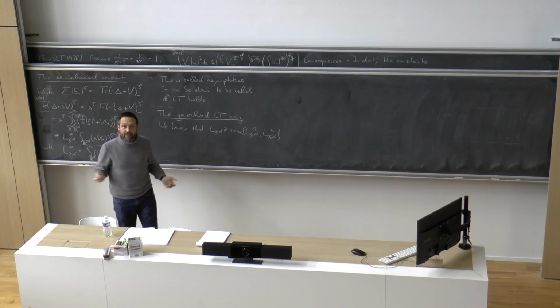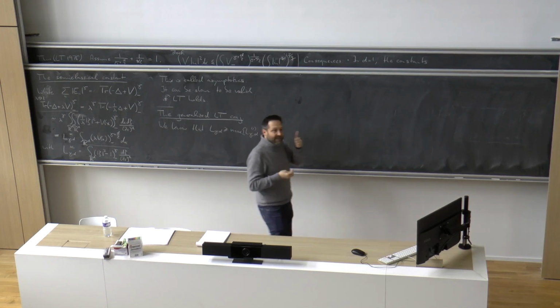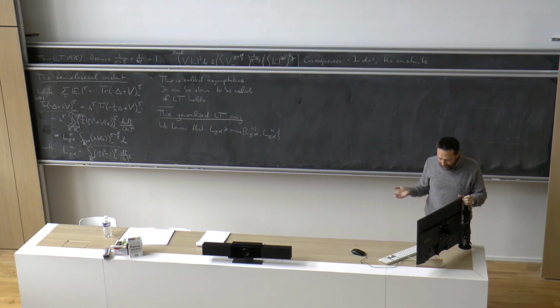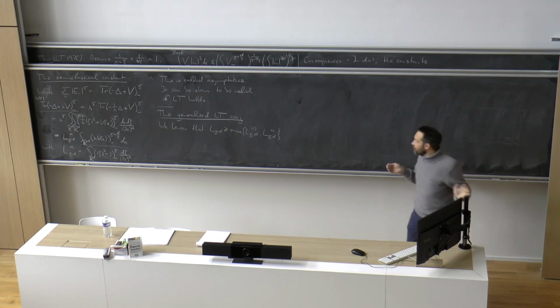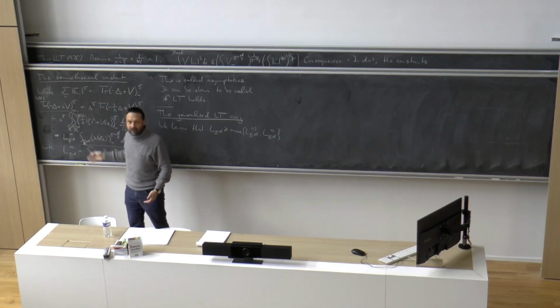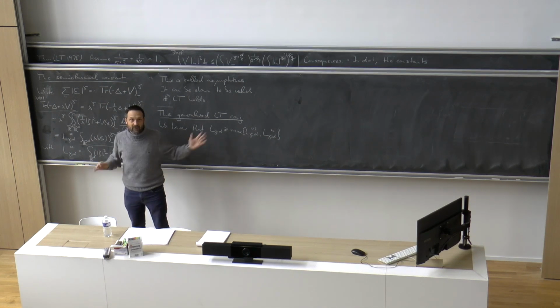That's clear because the constant that I need to bound one eigenvalue, if I want to bound more eigenvalues, I need to have at least a constant that's so large. And if I have these asymptotics, then the bound cannot be true with a smaller constant. Okay, so this is what we have.